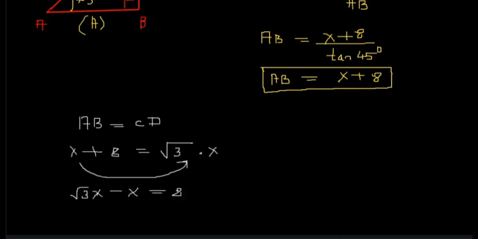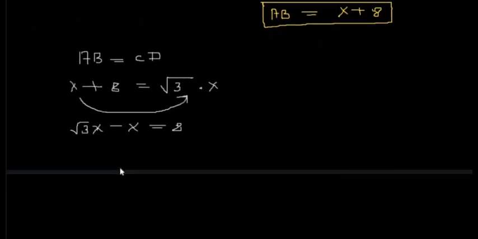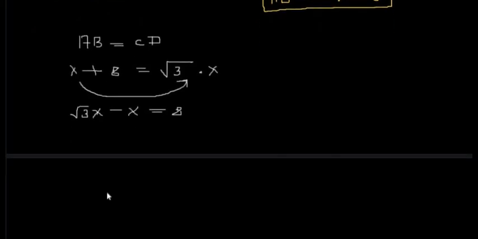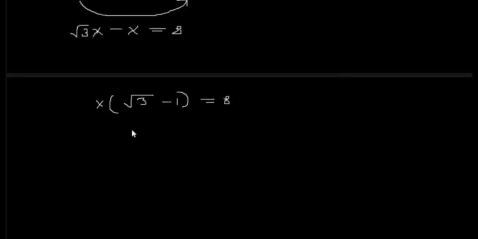So let's see how much we get. Here we can take the x common out, or factorize it, and write it as x times root 3 minus 1 is equal to 8. So here we can write x equal to 8 over square root 3 minus 1. So let us check how much we get here.